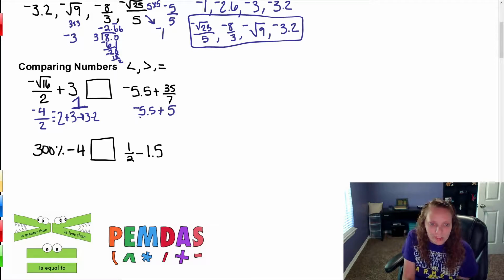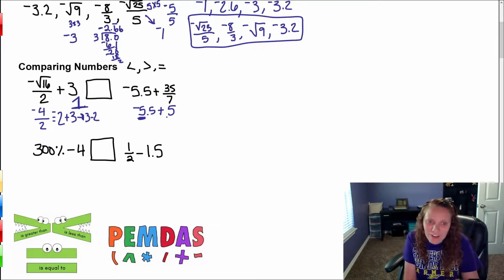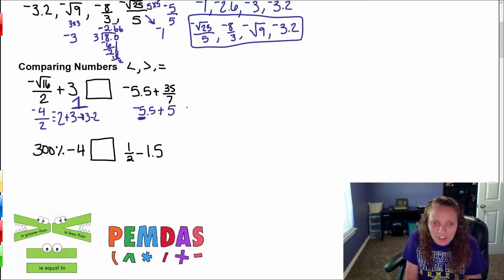Well, negative 5.5 plus 5. The signs are different, negative and a positive. So really we need to subtract since the signs are different. So let's take 5.5 minus 5.